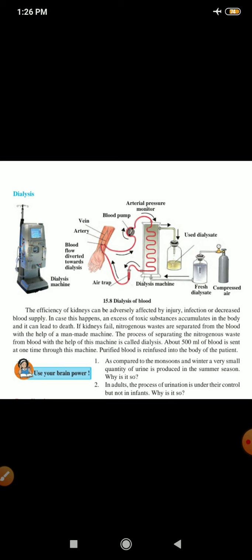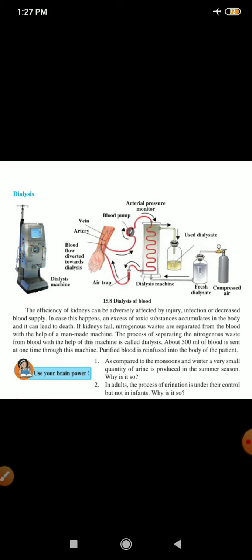Now you understand the term dialysis. So it is purifying the blood, sending pure blood to the body by removing the nitrogenous waste. About 500 ml of blood is sent at a time through the machine. Purified blood is re-infused. Re-infused means re-sent into the body of the patient.